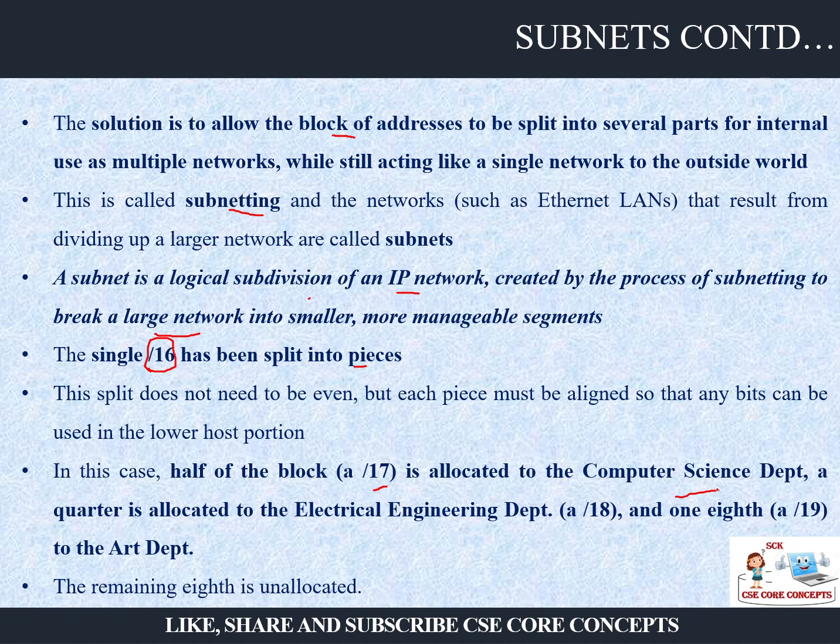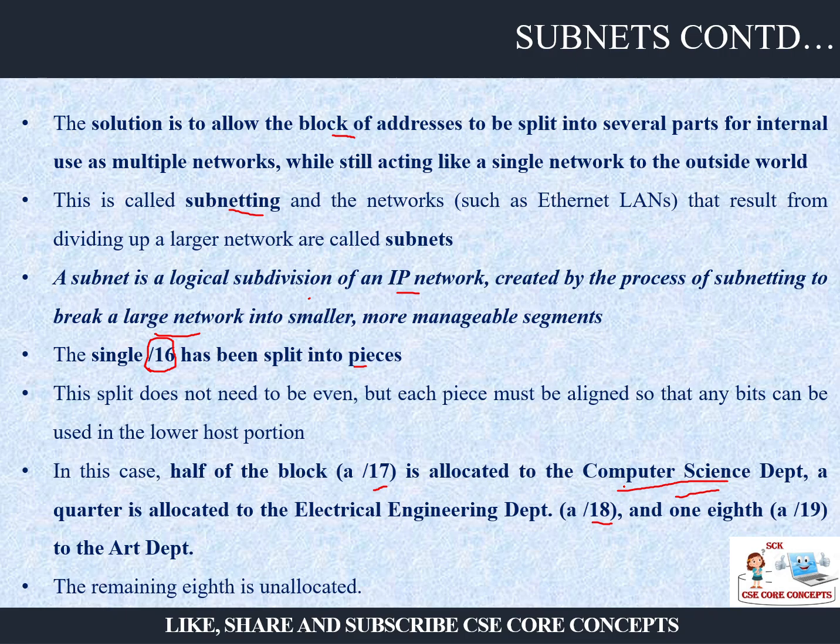Let's see. If you say 2 raised to the power 15, you can have 32,768 hosts. So out of 65,000 hosts, 32,000 hosts you are giving to the computer science department. Then you can perform a /18. If I am doing /18, you can calculate like that: 32 minus 18 is equal to 14.